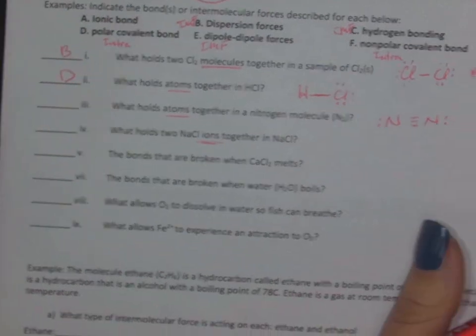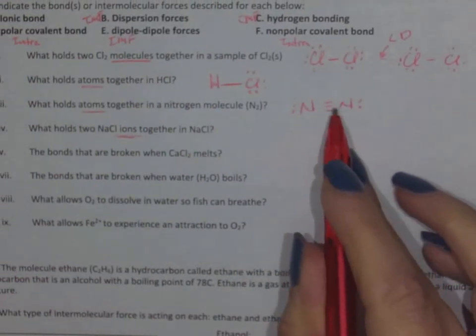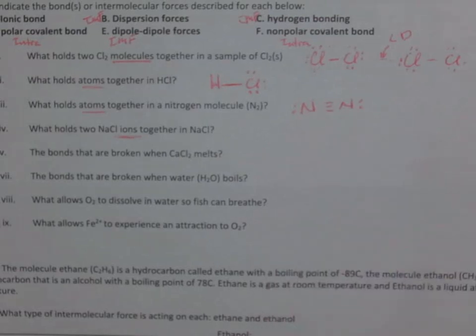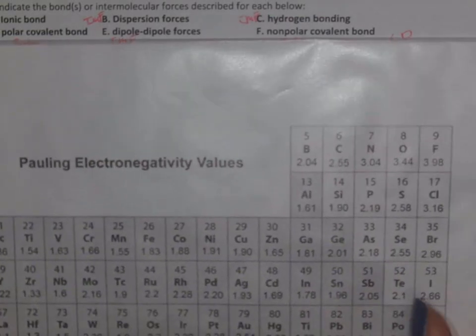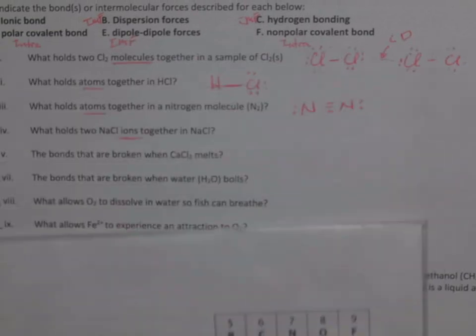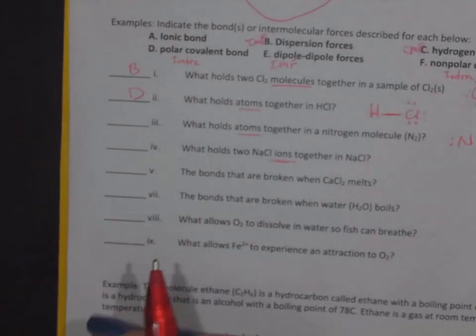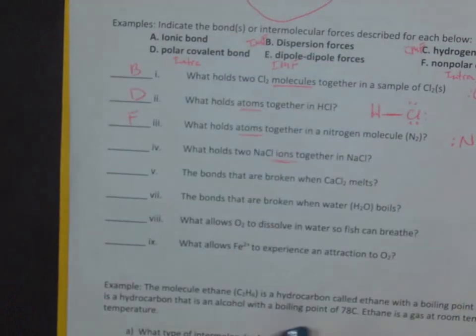Okay, so it's saying like this bond between the two nitrogens, is it polar covalent or non-polar covalent? Well, the difference in their electronegativity is going to be 0, right? Because they both have an electronegativity of 3.04. So that bond is nonpolar.